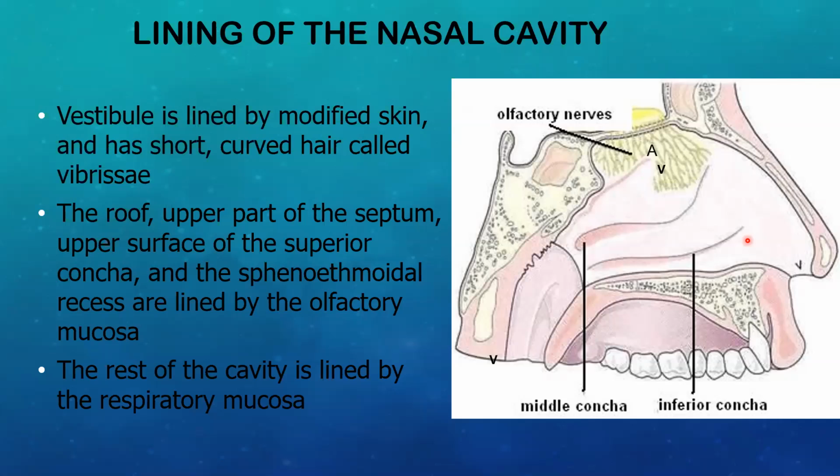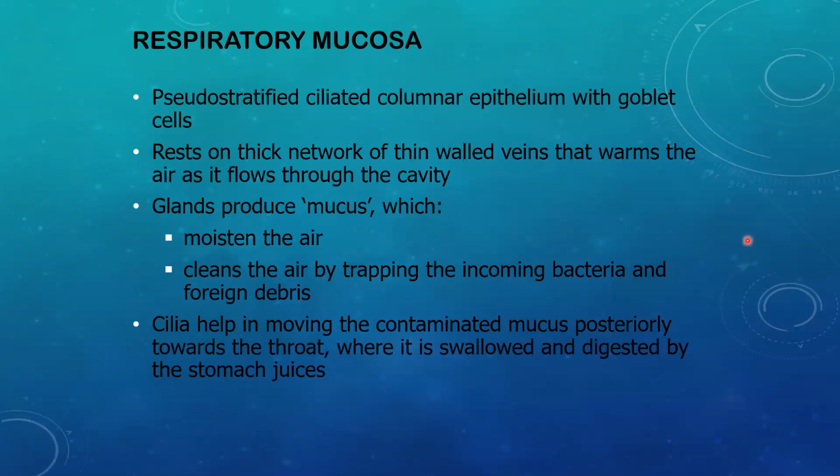The respiratory mucosa is made up of pseudostratified ciliated columnar epithelium with goblet cells, and rests on a thick network of thin-walled veins. The function of these veins is to warm the air as it enters the nasal cavity, so that it goes into the lungs warm. Another function is that it produces mucus.